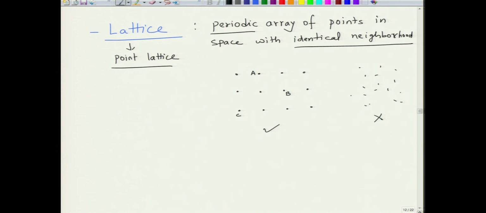There are possibilities where you can make lattices which have a very nice looking arrangement. So, for example, if I make this arrangement here, I will just draw it using a different color.